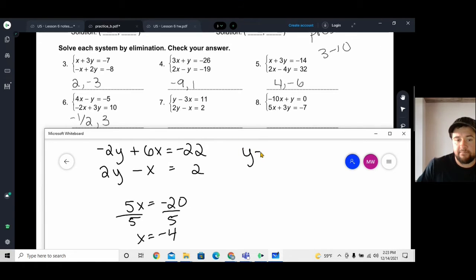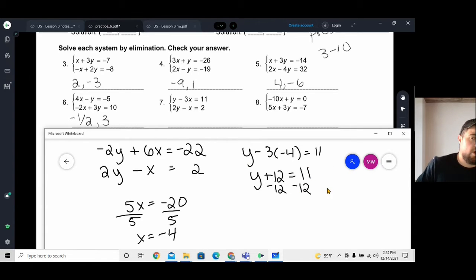So y minus 3 times negative 4 equals 11. Y plus 12 equals 11. Subtract 12 from both sides. Y equals negative 1.